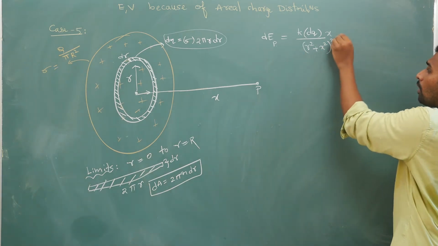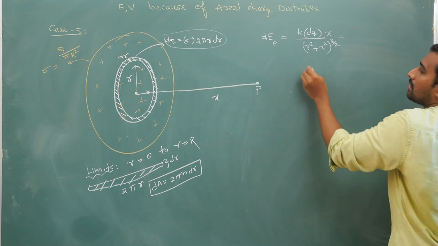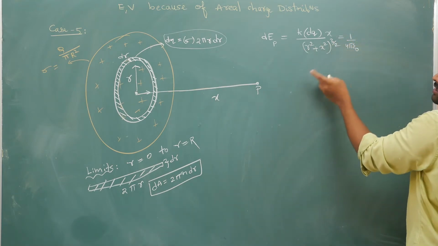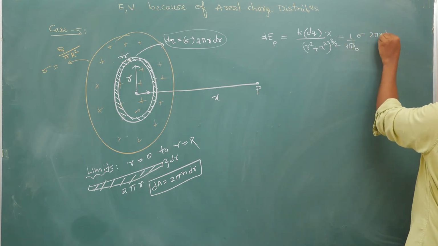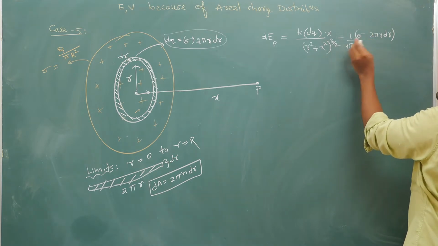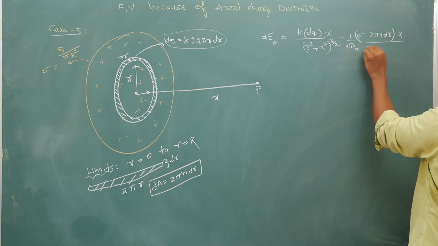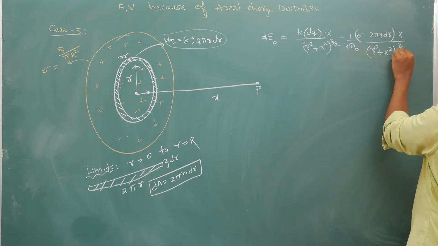Now what I am going to do is, I will substitute this dq here. Now that will become, k value is 1 by 4 pi epsilon naught, dq element is sigma times 2 pi r dr, times x by r square plus x square whole power 3 by 2.